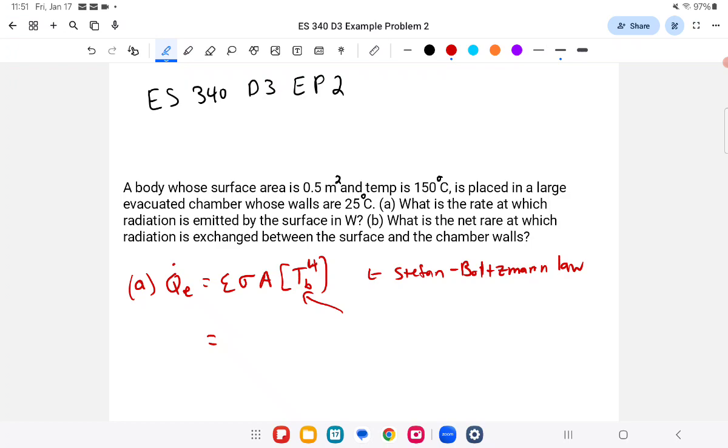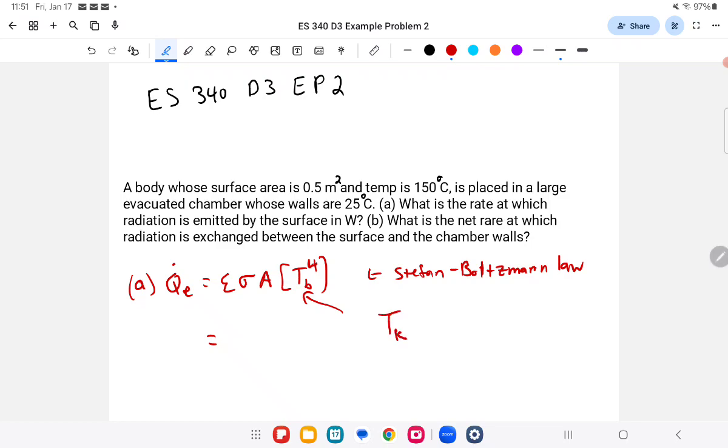So if there's a direct difference, not like a difference of squares or something like that, but a difference like T2 minus T1, then you're safe. But otherwise, you should always convert to absolute temperature.